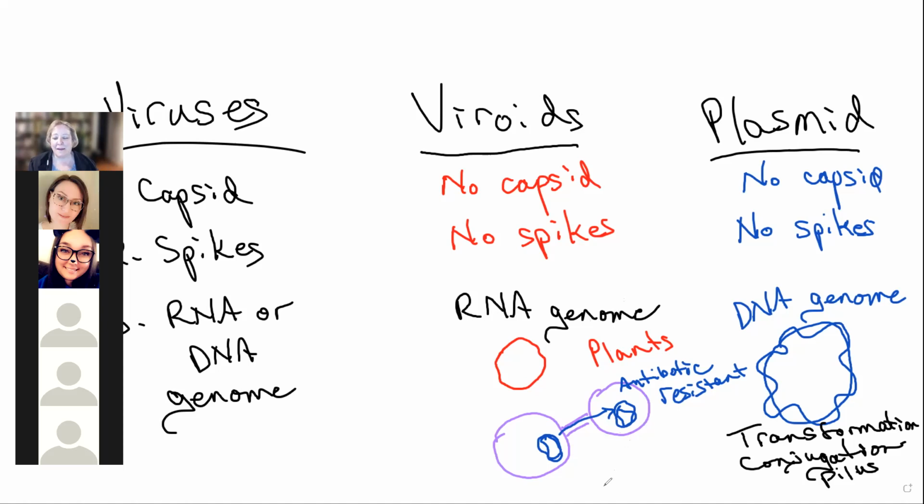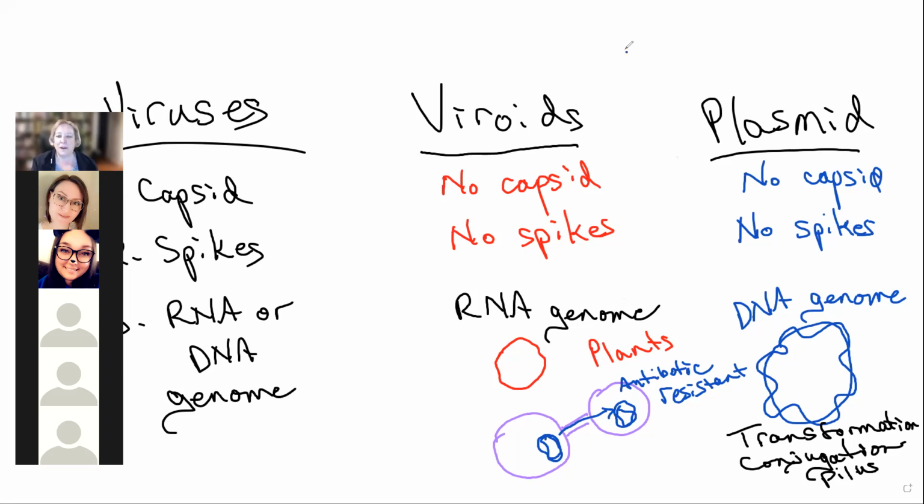All right. So now we're going to go on to prions. Prions do not have a nucleic acid genome. They don't have a capsid, they don't have a spike.